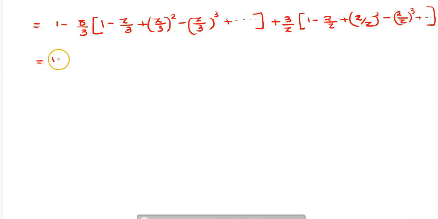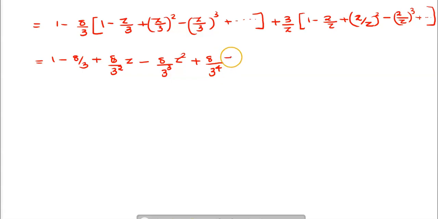So this is 1 minus 8 by 3. Take 8 by 3 inside. Minus 8 by 3 minus minus plus 8 by 3 square z minus 8 by 3 cube z square plus 8 by 3 raised to 4 z cube minus etc. plus 3 by z.